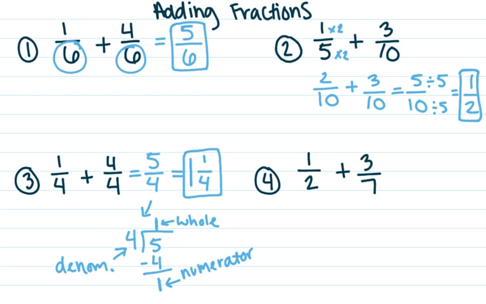When I really think about it, the soonest number that they have in common, the least common multiple, is going to be 14. So I'm going to have to multiply this 1/2 times 7 to get 14ths, and then multiply this 3/7 times 2, and that's going to give me my 14ths for the 3/7.